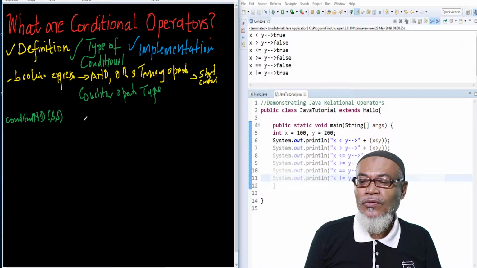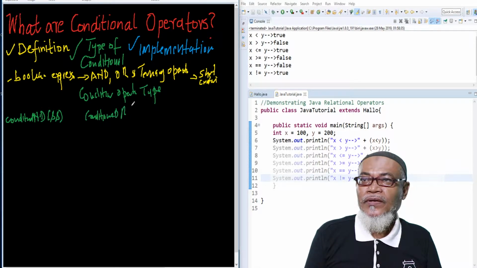Then we have the conditional or, given by the sign of two pipes.